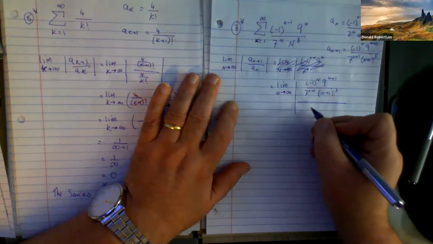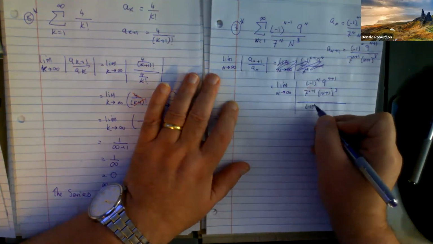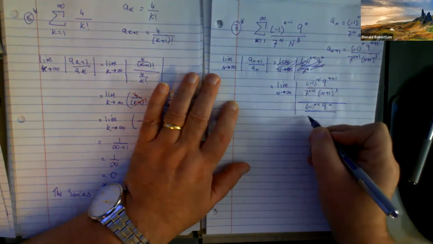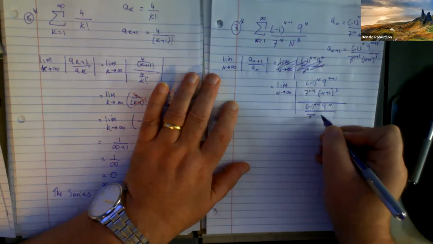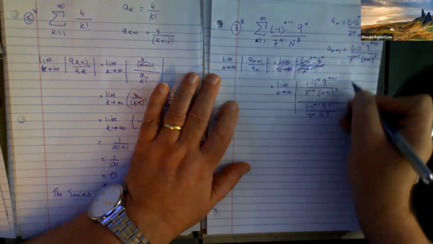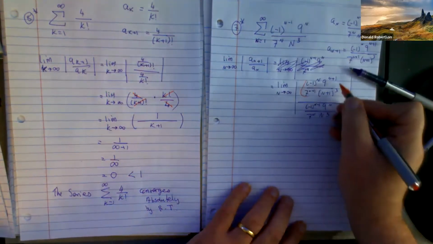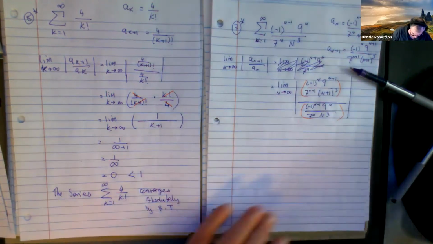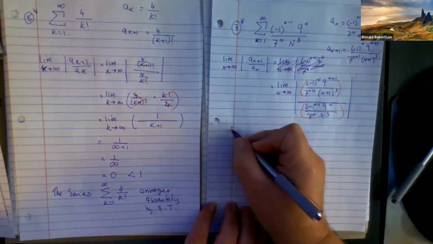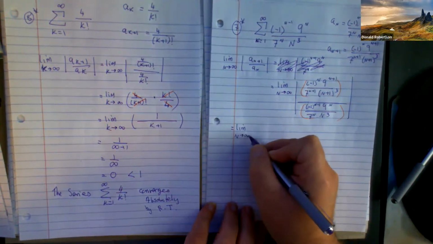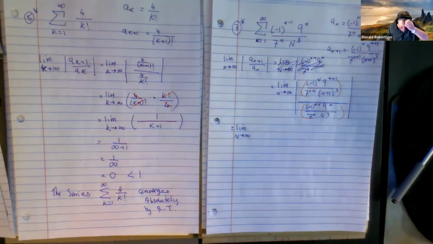Now this guy goes downstairs. So we have fraction over fraction, which is pretty common. So it's now going to be the limit as n tends to infinity. Right, let's do a couple of things here.